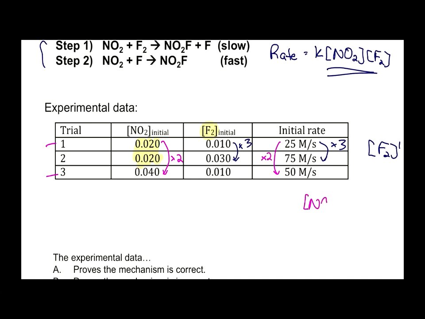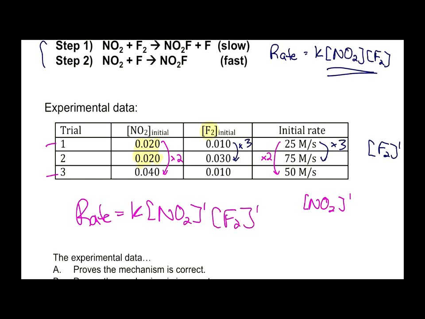First order. Cool. So if this was a method of initial rates question, you would get that the experimental data shows the rate law is rate equals k times NO2 to the first power, F2 to the first power. Okay, now let's answer the question.